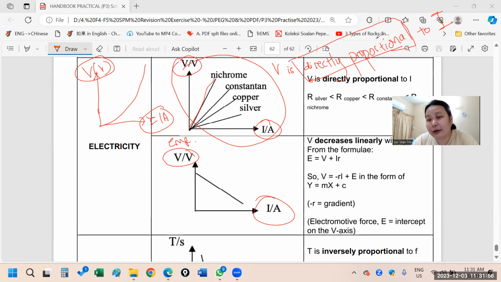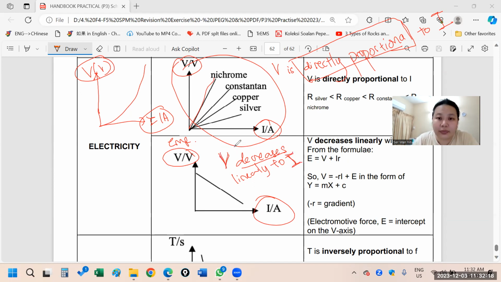So yes, directly proportional. This one is V decreases linearly to I. Linearly means a straight line, straight line up or straight down. Can you write V and I only?